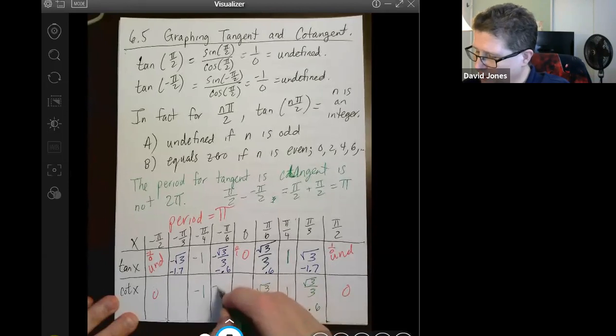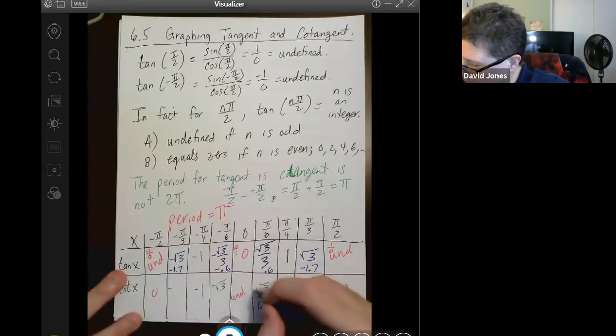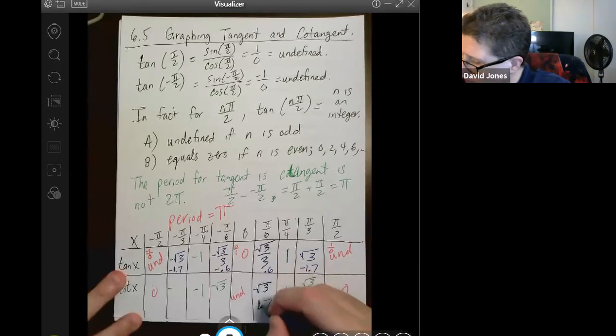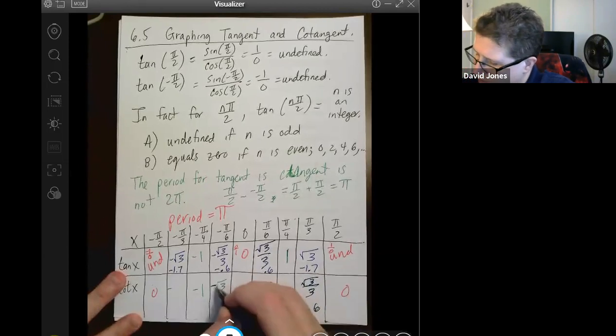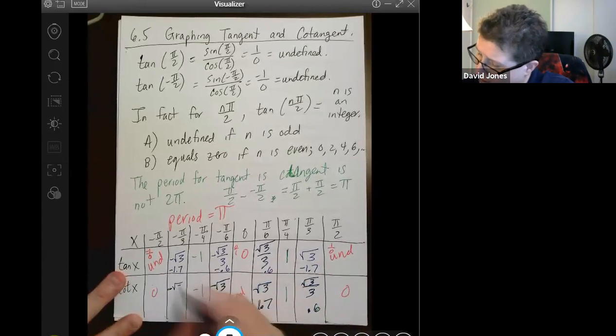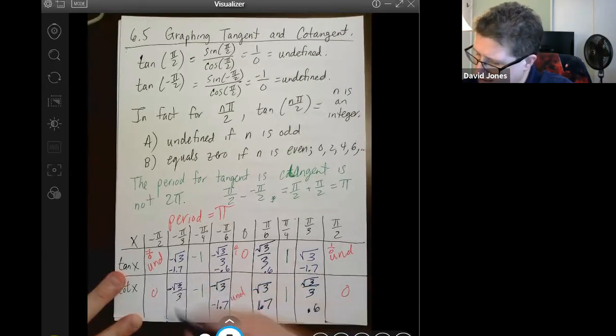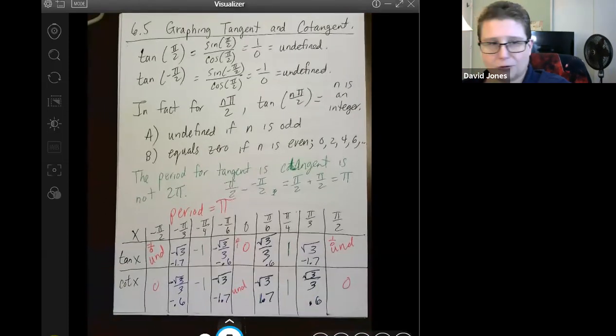We've got the negative root 3 and the negative root 3 over 3, which is negative 1.7, and negative root 3 over 3, and this is negative 0.6. So let's take a look at graphing those. I'll pause and let you write that stuff down.